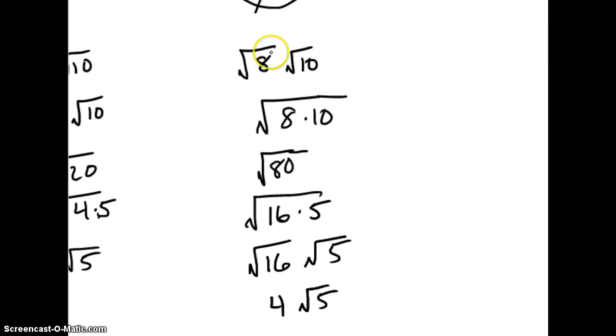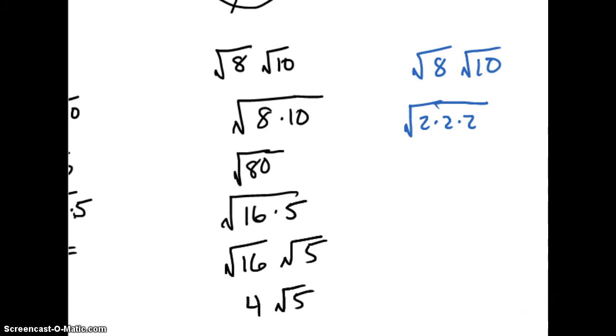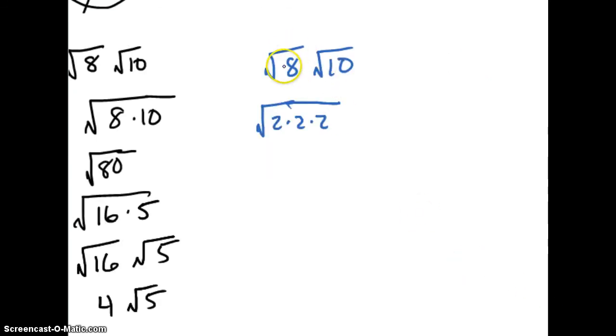Here's the underlying reason why I should combine these. If I have root 8 times root 10, what I actually have is root 2 times 2 times 2. Okay, the fundamental theorem of arithmetic says that there's a unique prime factorization for any number, for any integer, for any natural number. I'm going to pair these guys up.